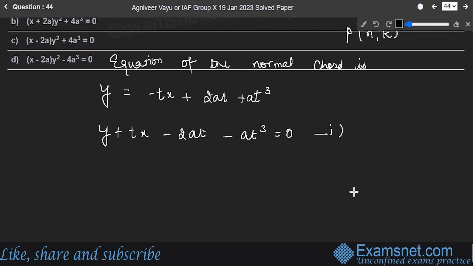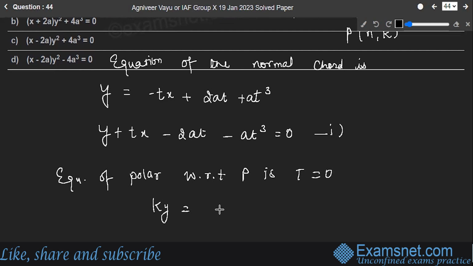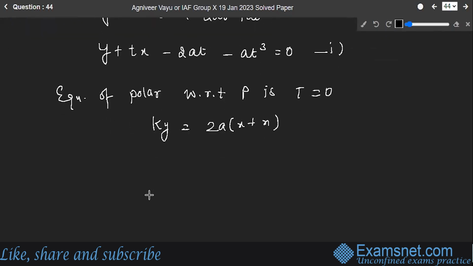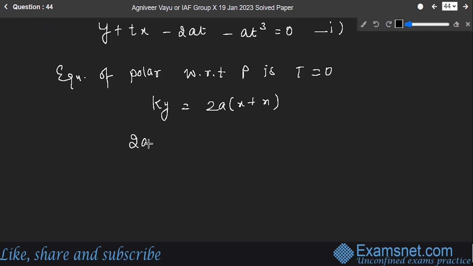So the equation of the polar with respect to P (h, k) is ky = 2a(x + h), or 2ax - ky + 2ah = 0. Let's say this is equation 2. Now, equation 1 and 2 represent the same line.